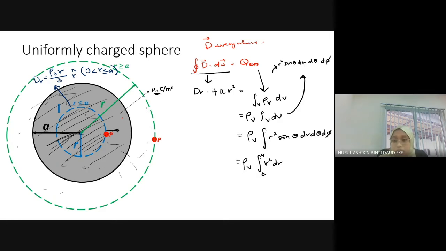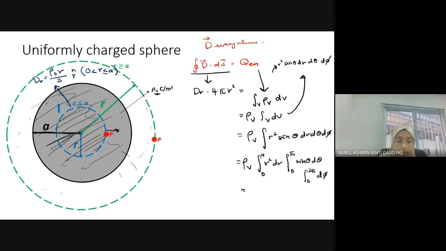So instead of r, I put a. I hope that is clear. Then this is going to be pi, sine theta d theta, and 0 until 2 pi for d phi.